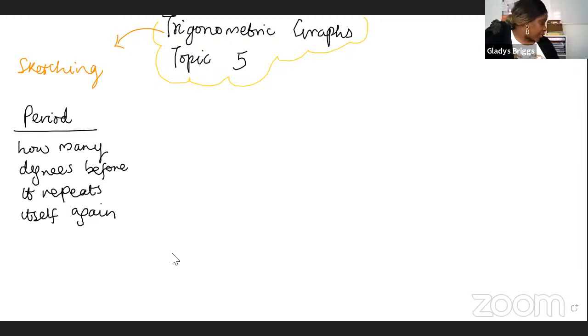And the other thing that we are going to have a look at is the amplitude, okay?